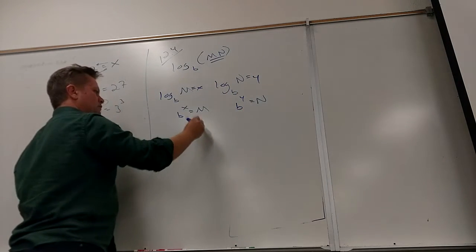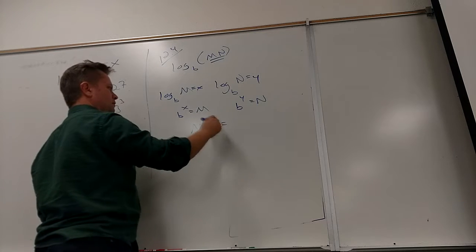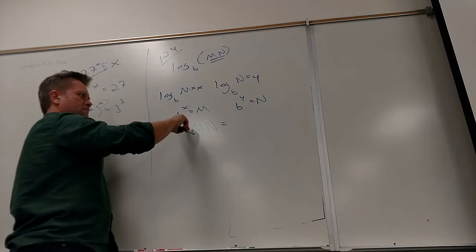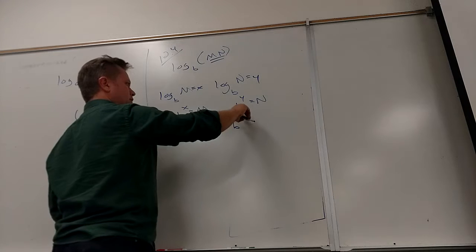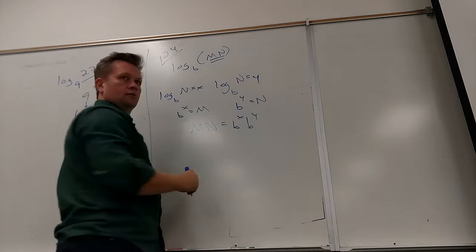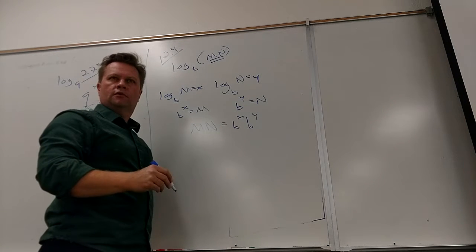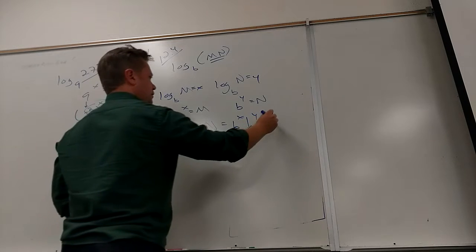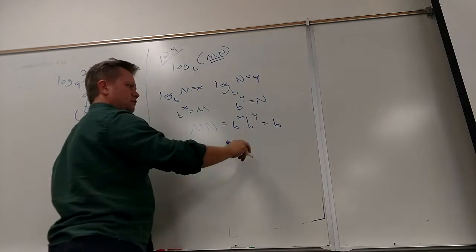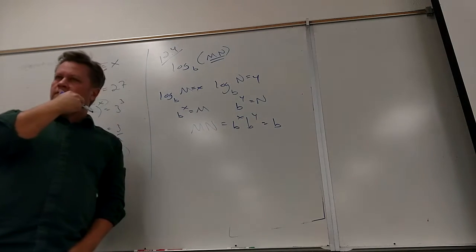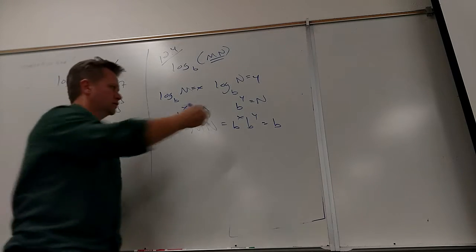So what is m times n? What's m? b to the x. And what's n? b to the y. And then what do you get here? b to the, what do you do with the powers? You add them. You subtract if you're dividing.